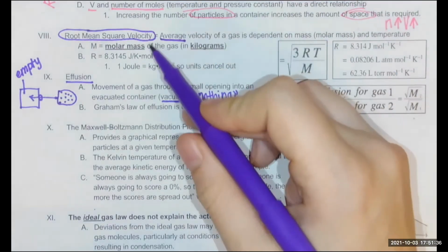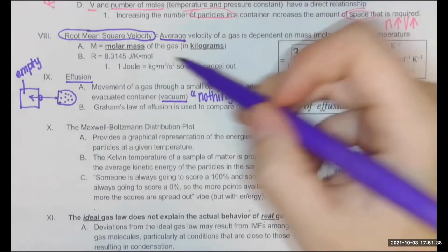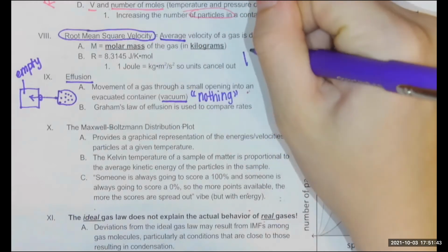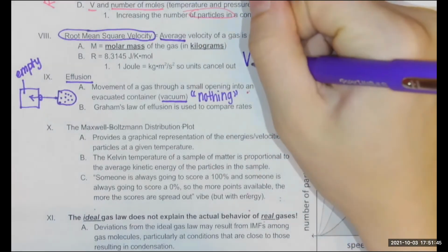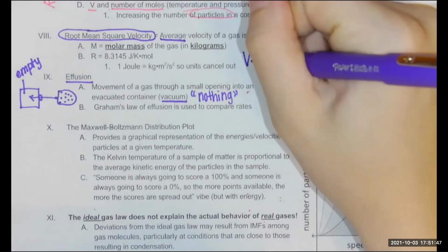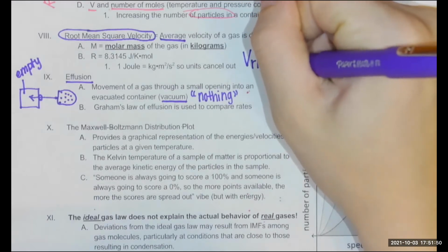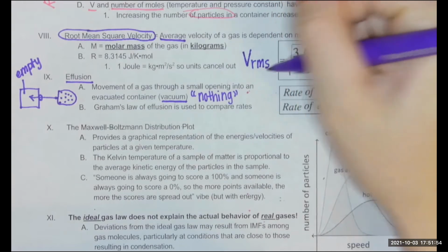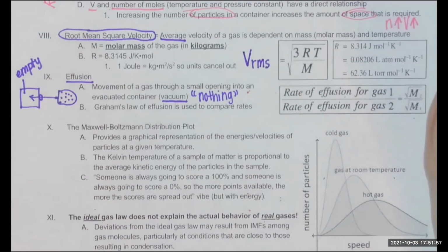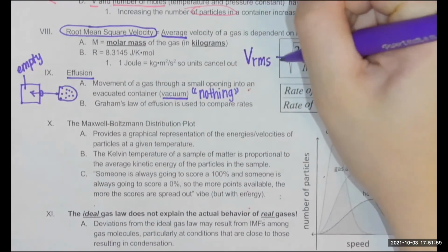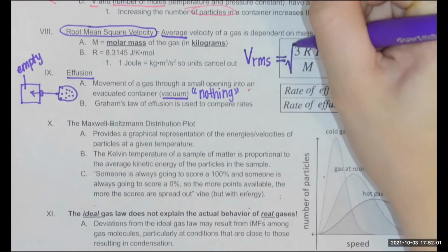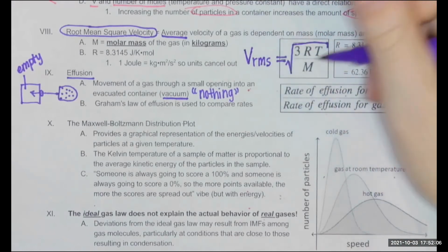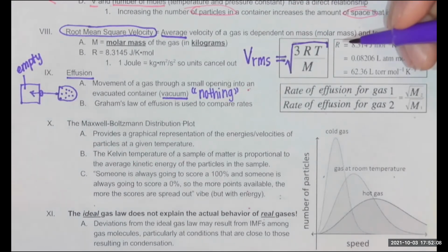And this is the formula for the root mean squared velocity. V is for velocity, and they usually distinguish this from other velocities like in physics by writing VRMS, the root mean squared velocity. The VRMS formula equals the square root of 3RT over M, and I want you to redraw this symbol.